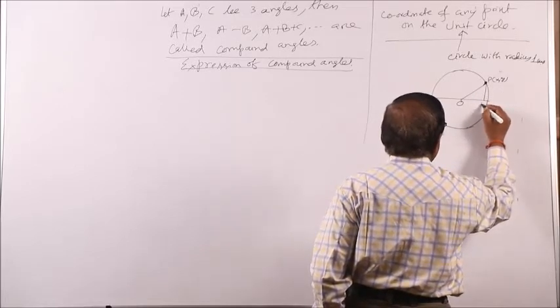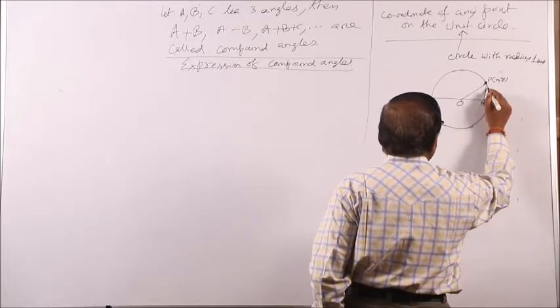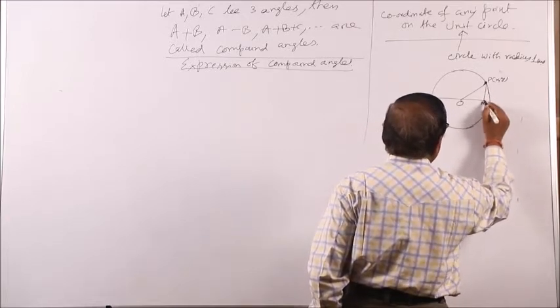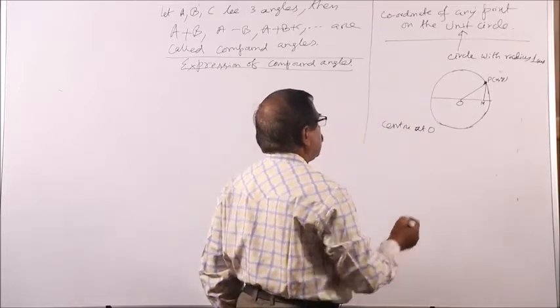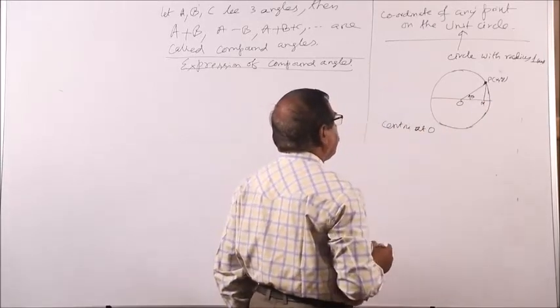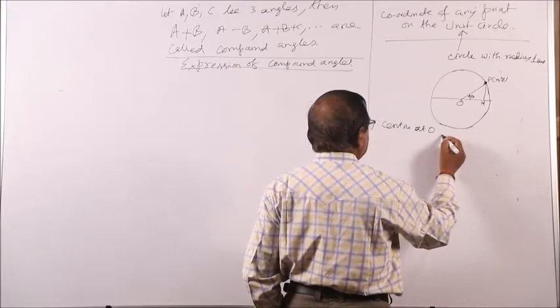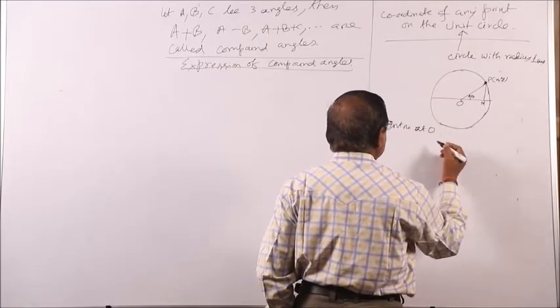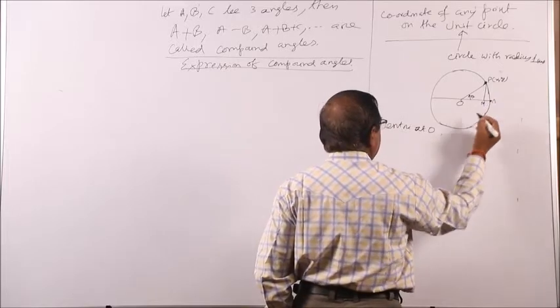Let us say PM, and this angle is theta. Then we have this unit circle, this is OA.